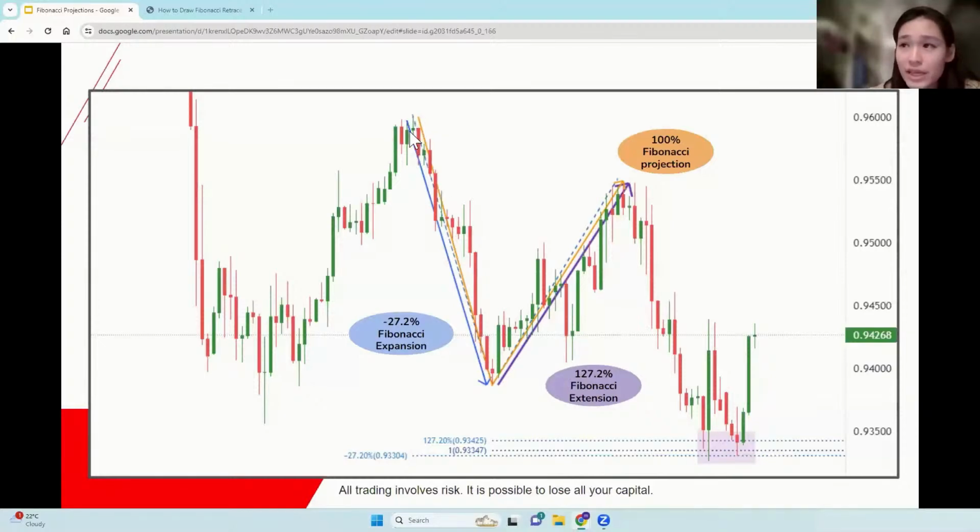How that would look is something like this, just without the purple arrow. For an expansion, you would take the starting point and the ending point to be the first line of your lightning bolt shape. And then your projection would be the V shape that follows that same shape. I hope I'm making sense, but you can just see it over here on the chart.